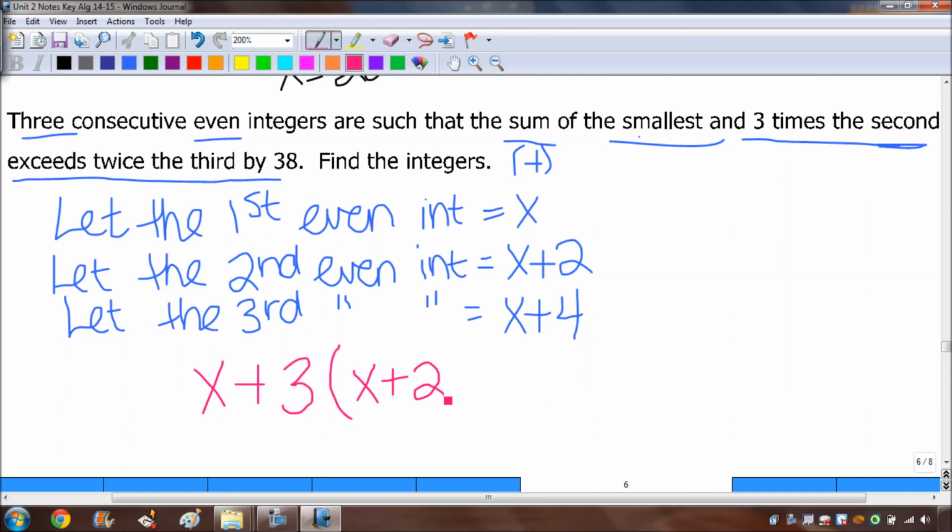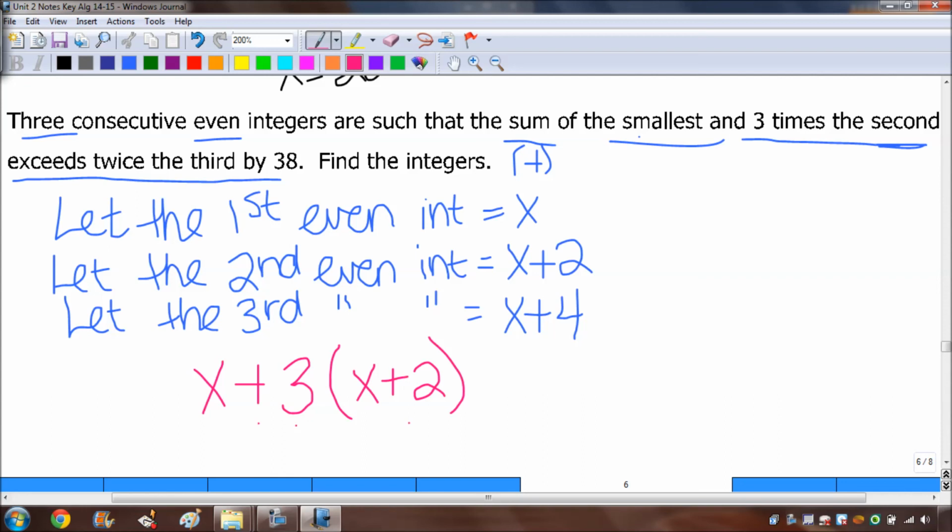I must have parentheses around the x plus 2, okay? So again, I'm taking it little by little. The sum, I've got that in my equation, and I'm adding the smallest, which is x, and 3 times the second, so here's 3 times the second.